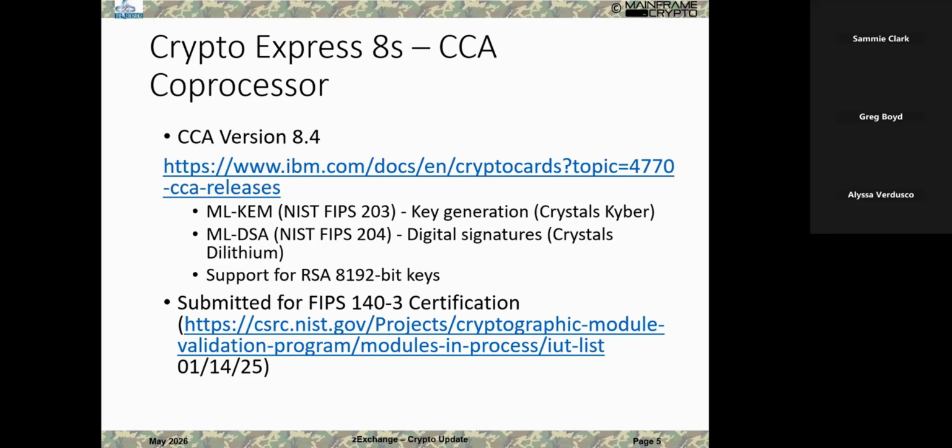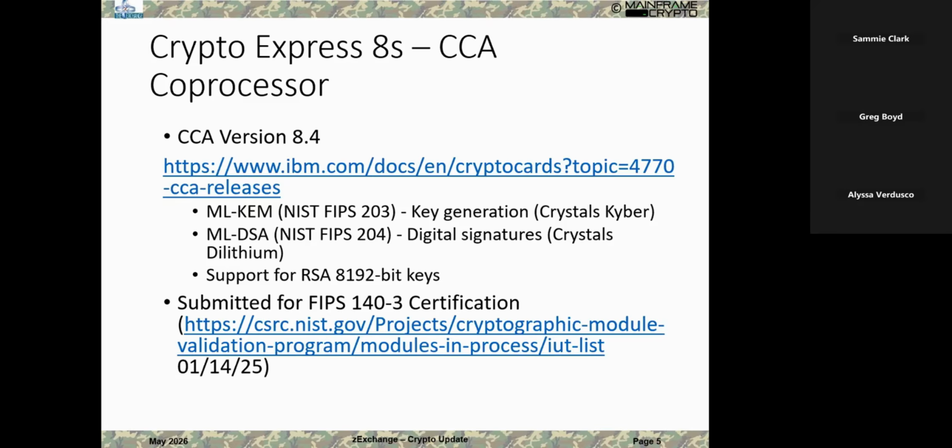Prior to this, every other new generation of KEC also had a new generation of the Crypto Express card, the coprocessor. So Crypto Express 7s were available on the Z15, Crypto Express 6s on the Z14 before it, and so on. But for the first time ever with the Z17, you're using the exact same feature that you did on the Z16.